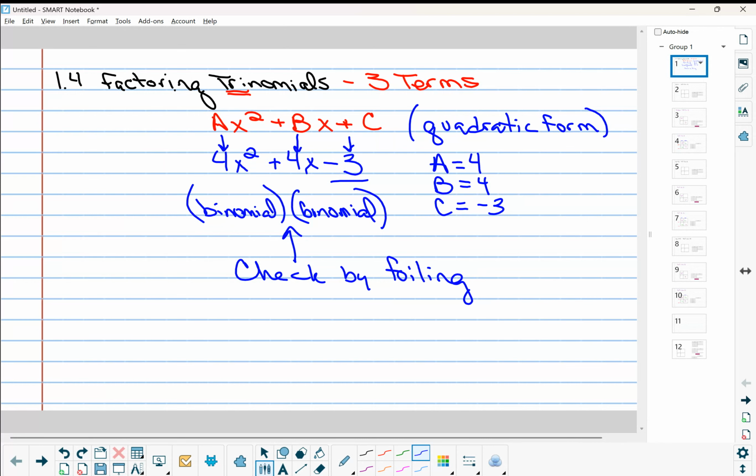We're going to do these factoring trinomials 3 different ways, and this is going to be method number 1. It's called the area method, or we can call it the box method.